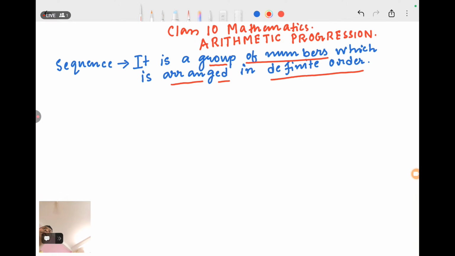Can you give me some example of a sequence? I have written the definition for you. Please write some example of a sequence in the chat box.